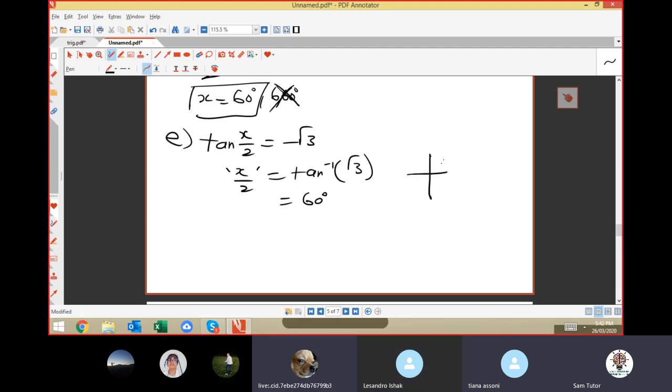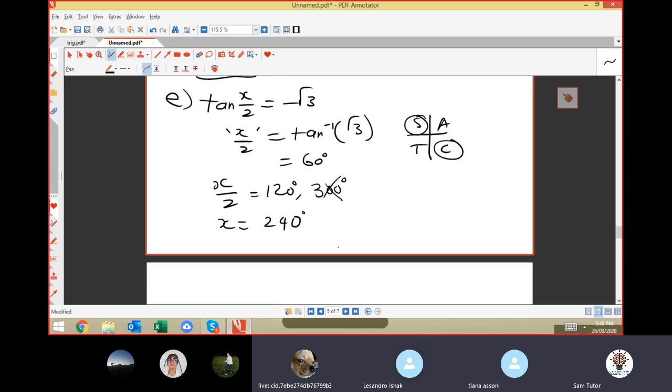Then I do my ASTC to check. I realize where tan is negative, and it's here and here. So that means my actual x on 2 is 180 minus 60 and 360 minus 60. Then I times by 2, and I remember that by timesing this one by 2, it's going to get too large. So my only answer is x equals 240 degrees.